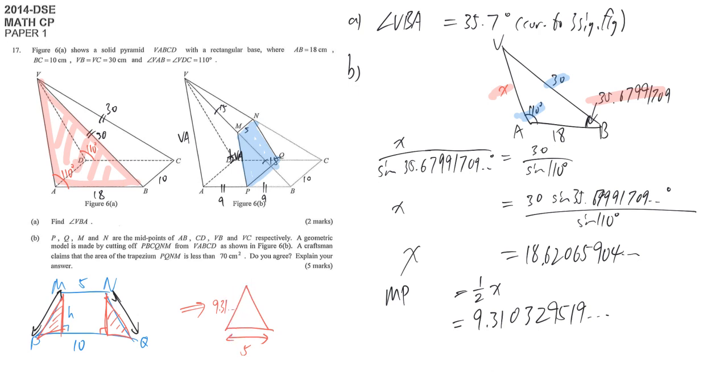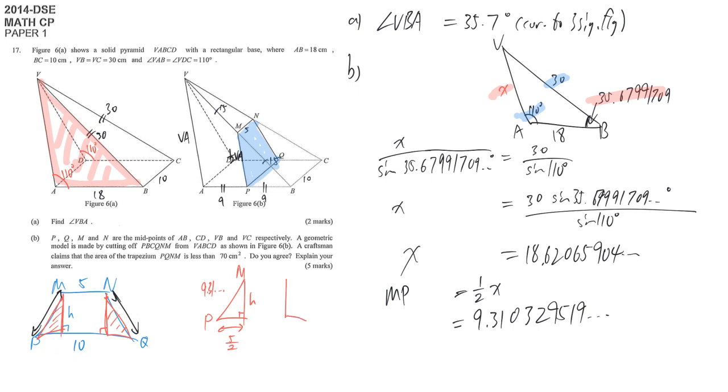Or even simpler, we don't connect them, but we just consider one single right-angled triangle here. So we just consider MP and also the perpendicular foot here. We have MP is 9.31 something, and we can also find the width here, which is 10 minus 5, and then equally distributed to two lengths, so it is 5 divided by 2.